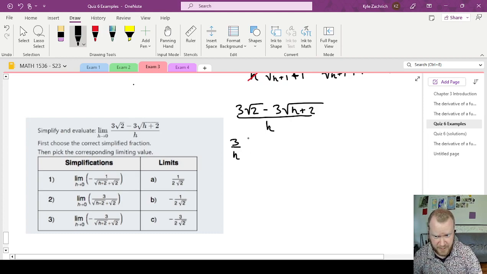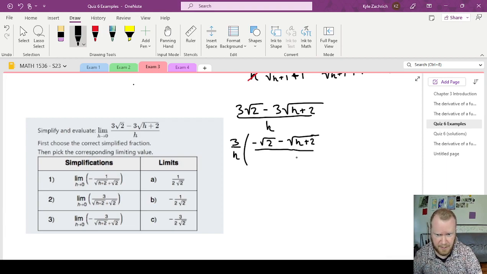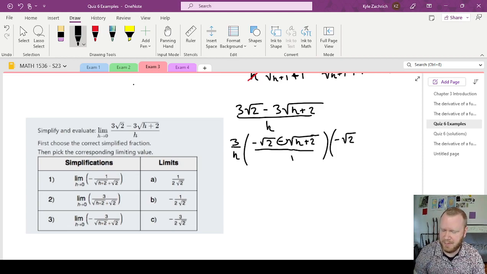So what I'm left with is square root of 2 minus square root of h plus 2, divided by 1. And I'm going to multiply that by its conjugate.